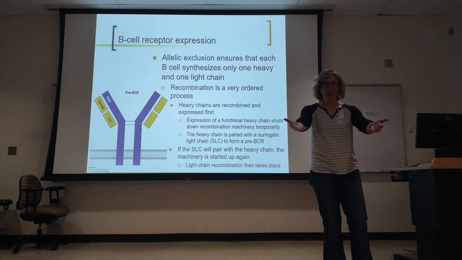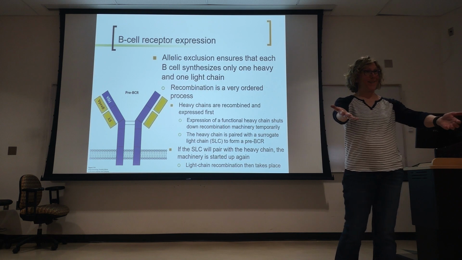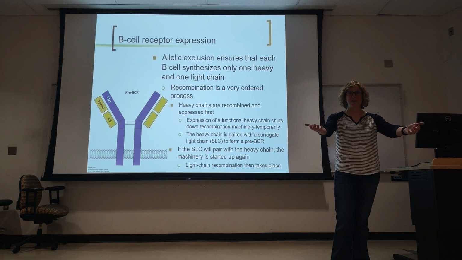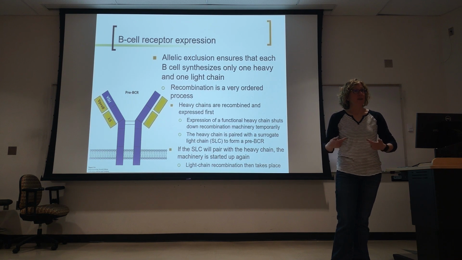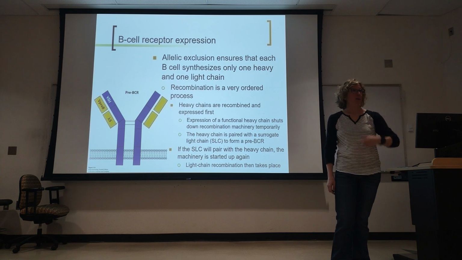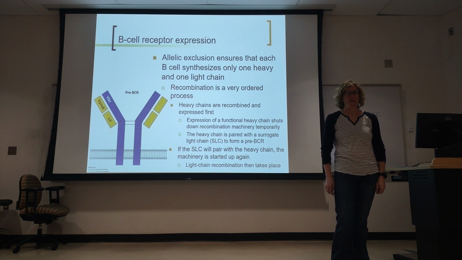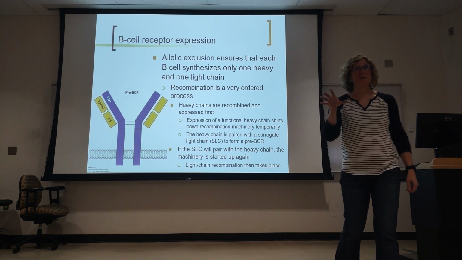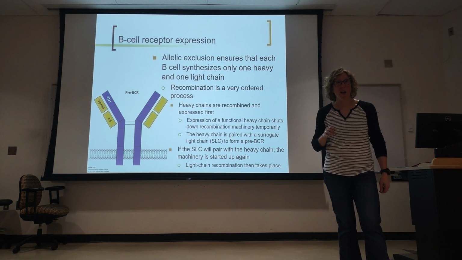And your cells have to pick which chromosome am I going to try to rearrange first. So if your cells decide to choose dad heavy chain to rearrange first, mom heavy chain information will be temporarily silenced while that rearrangement is going on.